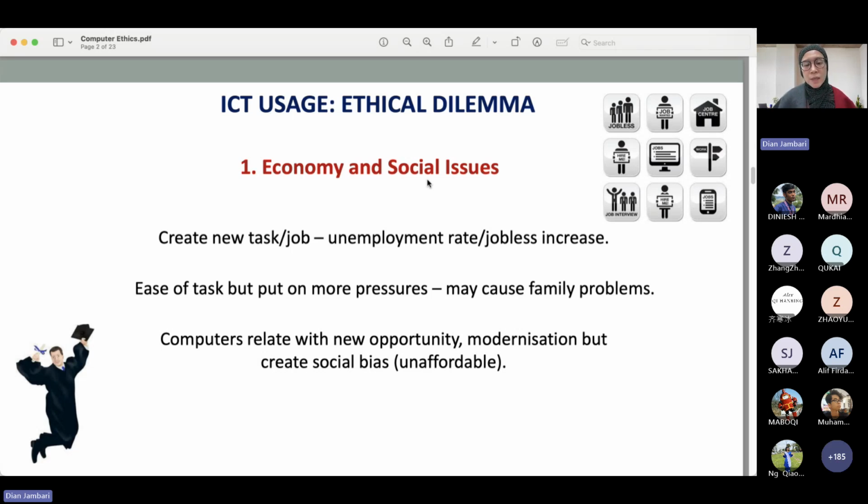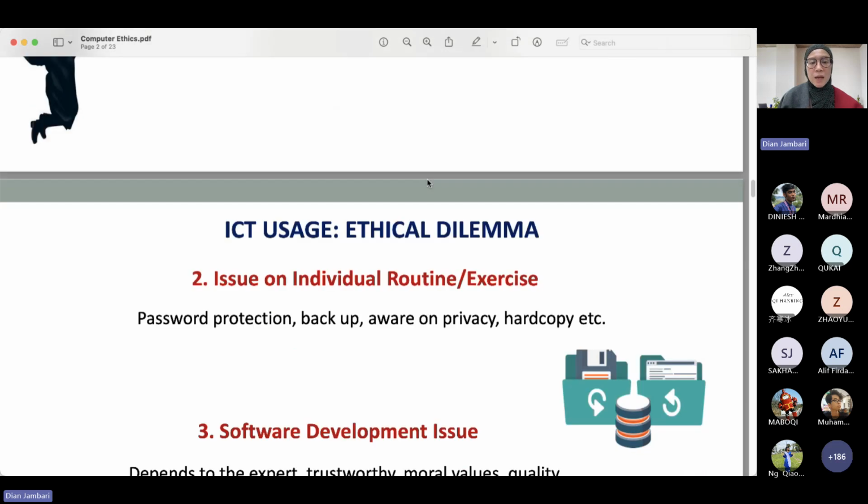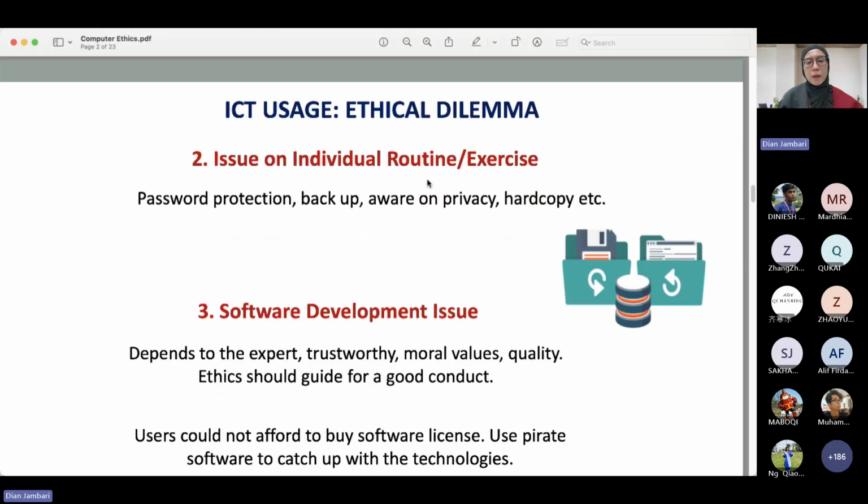The new technology is good because it modernizes society, but only for those who have access to it. For those who do not, that creates a social issue because it widens the gap between those who can get the opportunity and those who may not. So that creates an ethical dilemma caused by the use of ICT.